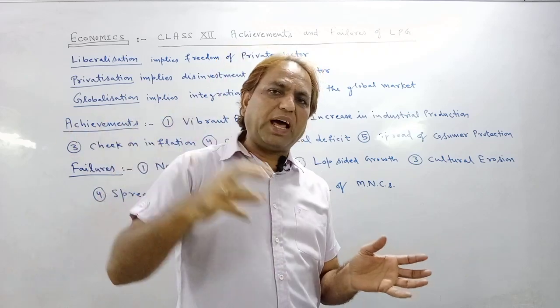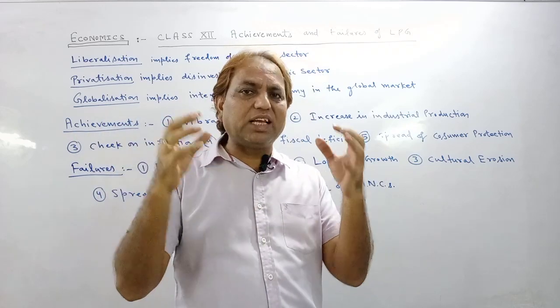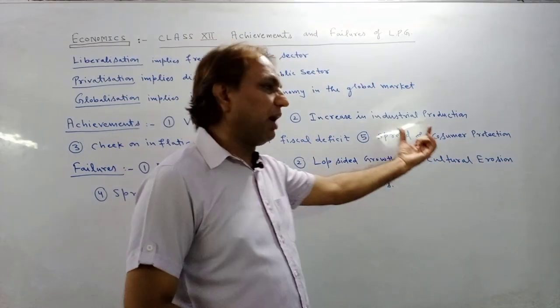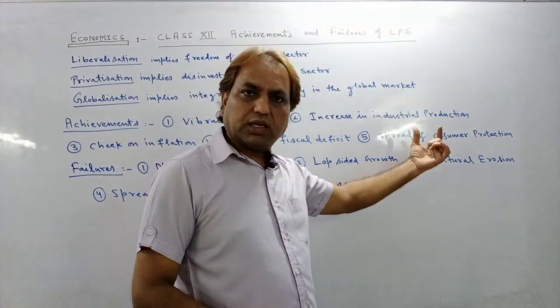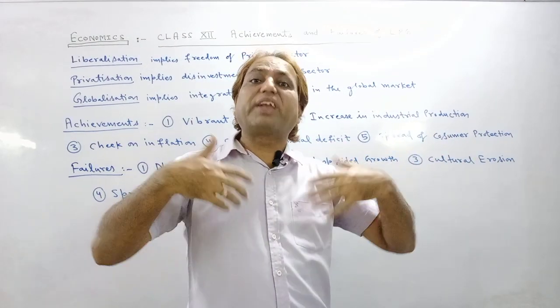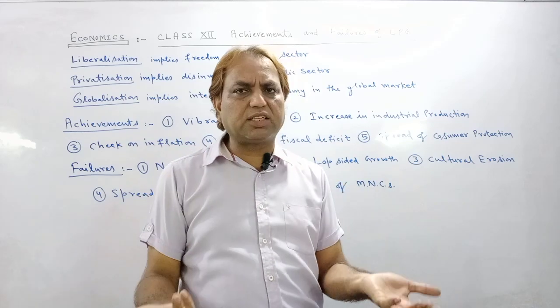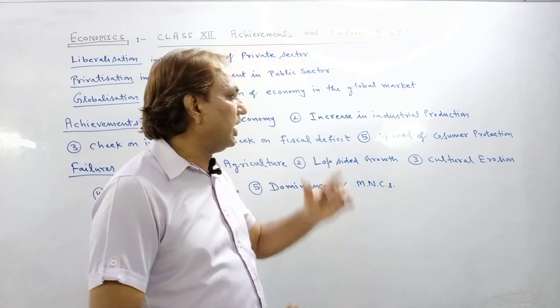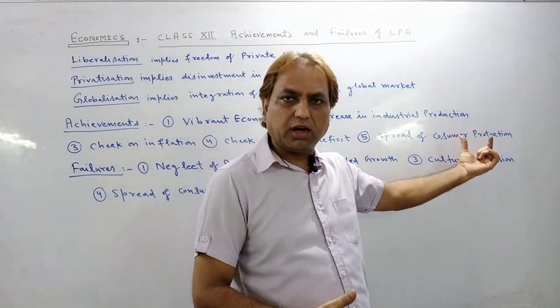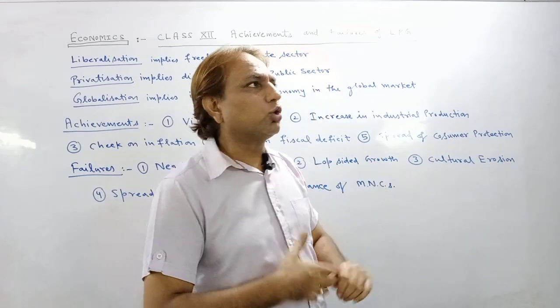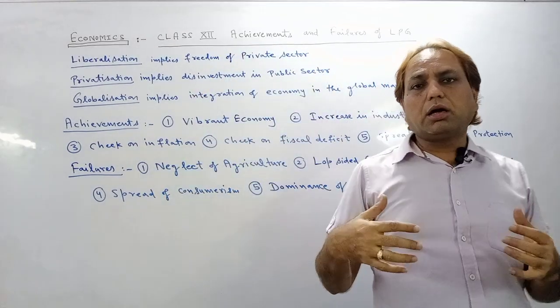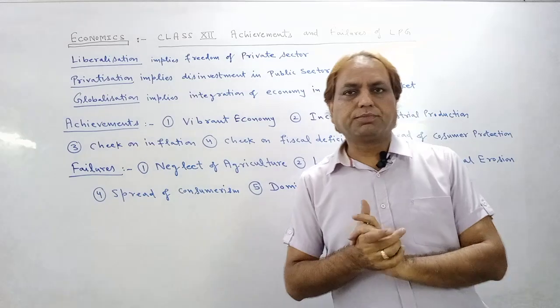So when the two forces, supply and demand, are there in the market, the consumer gets the power, right? He gets variety, reasonable prices, and so on. So there was a consumer protection era due to LPG. So these are the achievements of LPG. I hope that is clear.